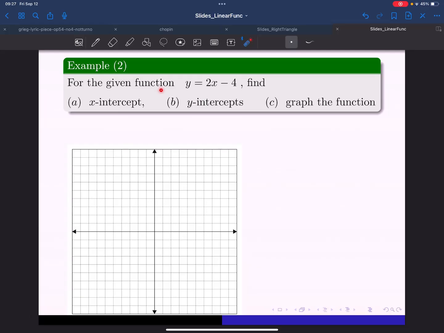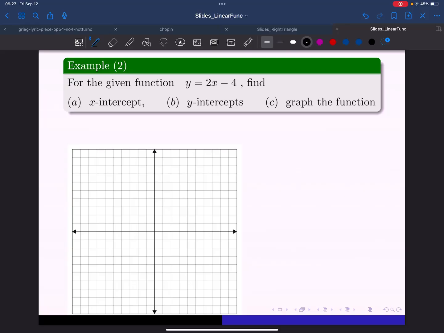Example 2. For the given function, y is equal to 2x minus 4, find x-intercept, y-intercept, and graph the function. So to find x-intercept, here is my x-axis. We can see that the value of y on any point here is 0. I'm not going up anymore, right?